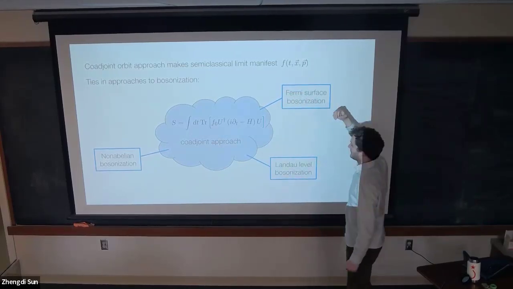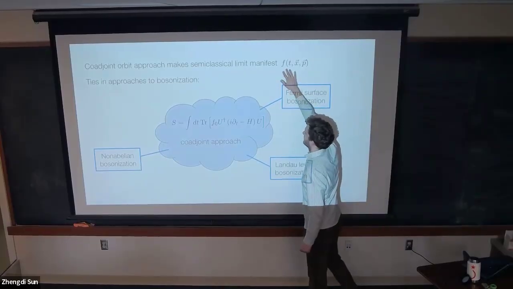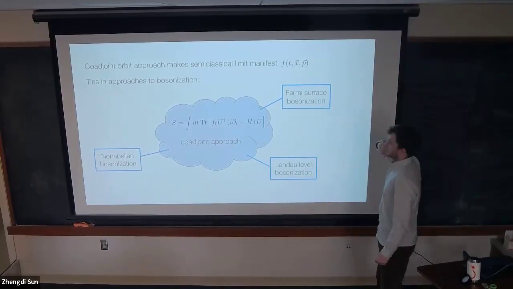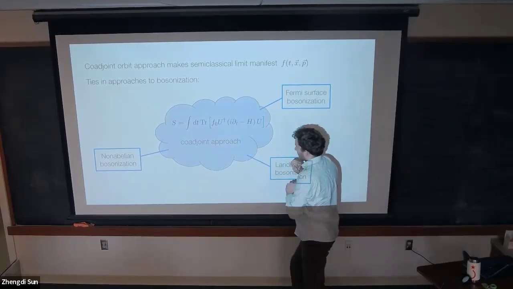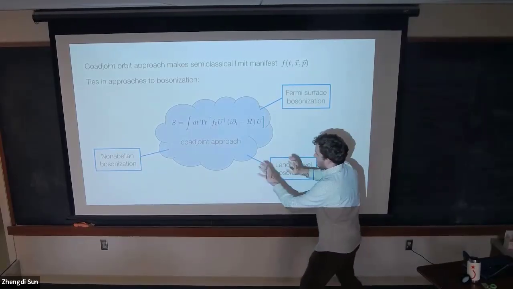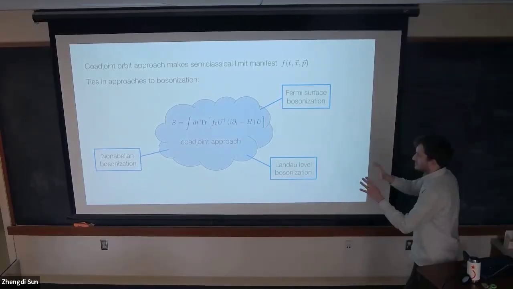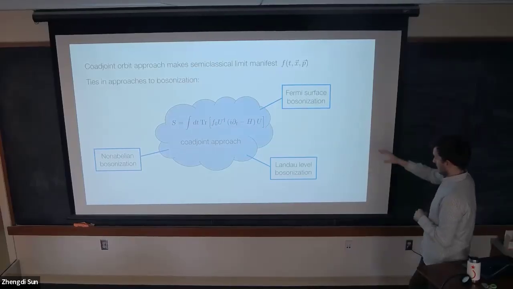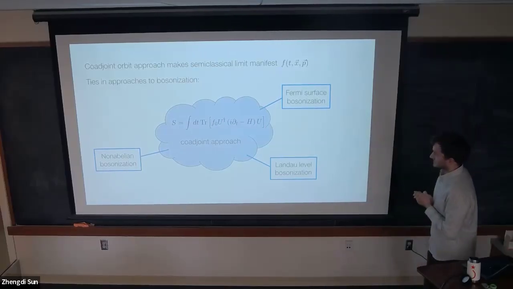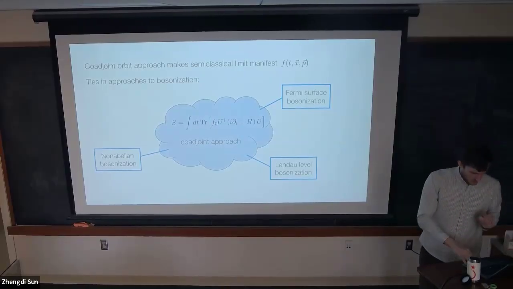The degree of freedom is a distribution function, like you might have in kinetic theory or the Boltzmann equation. And we'll have some action that I'll explain in a bit, which in various limits reduces to essentially all these previously known bosonizations, 1+1 d bosonization, or other Fermi surface bosonizations and so on. So let's see how it works.